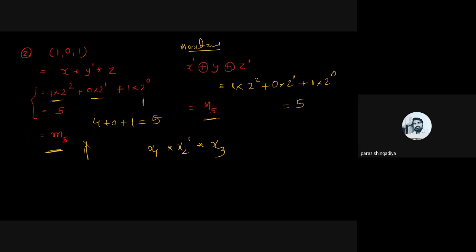We'll consider a y dash only when the term is 0. Okay, so there is no 0 here, so all will be the normal value and we'll consider it as 1. So the answer will be 1 into 2 raised to 3 plus 1 into 2 raised to 2 plus 1 into 2 raised to 1 and plus 1 into 2 raised to 0.